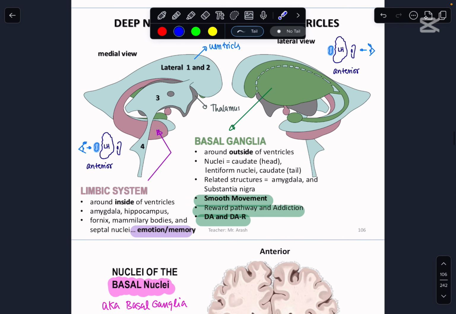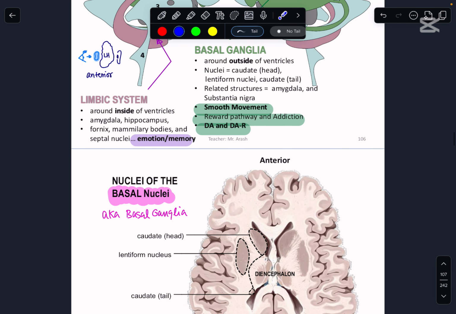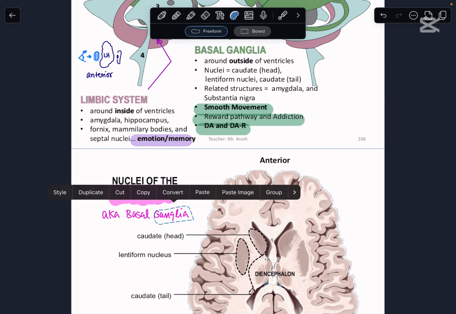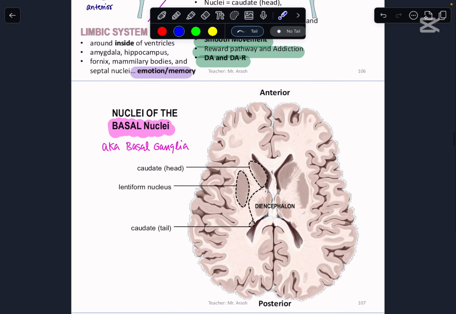Because ganglia by definition belong to the peripheral nervous system, if you remember. So when you call them basal ganglia, it gives you the notion that these must be in the peripheral nervous system. This is not part of the peripheral nervous system. So it's better to call them basal nuclei, but most people call them basal ganglia.